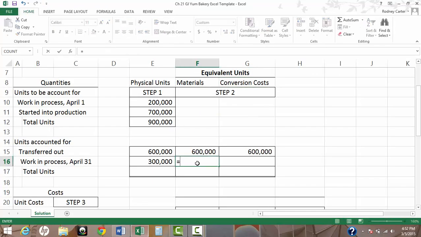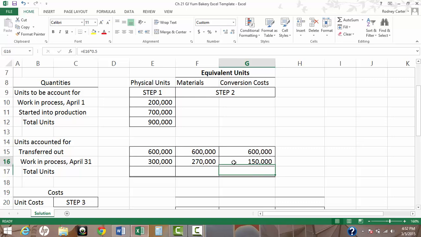Now, I'm going to take 300,000 times 0.90, the 90%, and then here I'm going to take the 300,000 times 0.50 because they're 50% complete as to conversion costs.